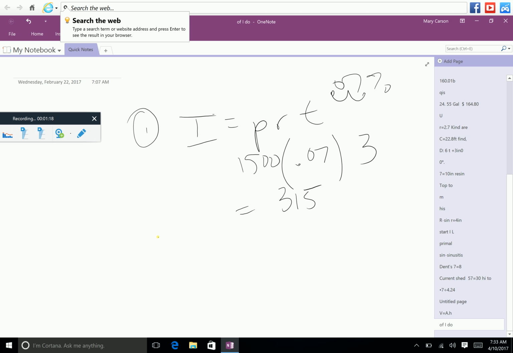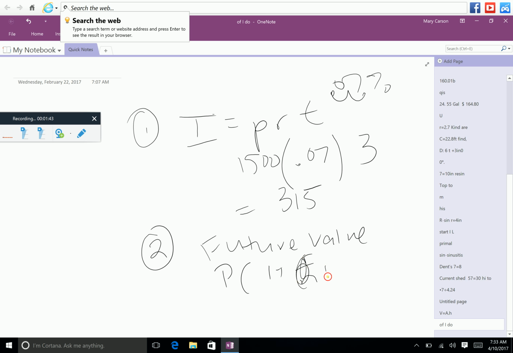All right, the second question. What would your future value of an account be if you started with $300 at 4% for 8 months? So it says future value, so you use your future value formula, which is P(1 plus RT).